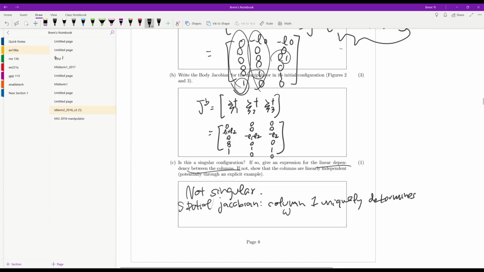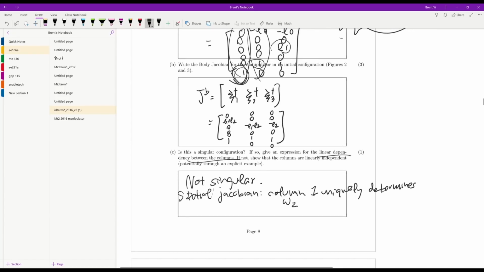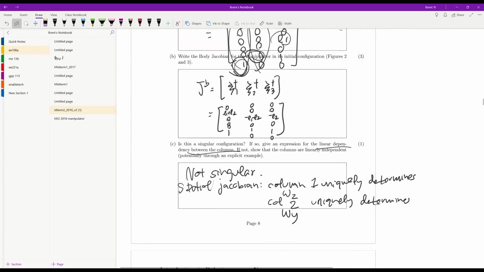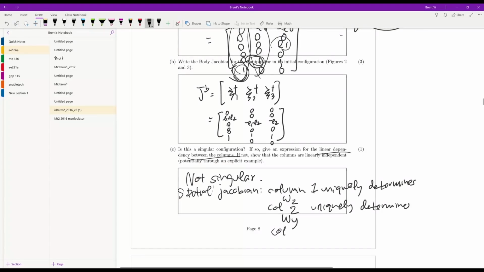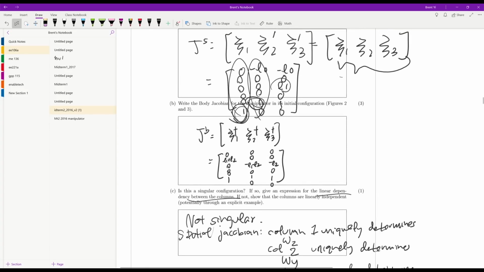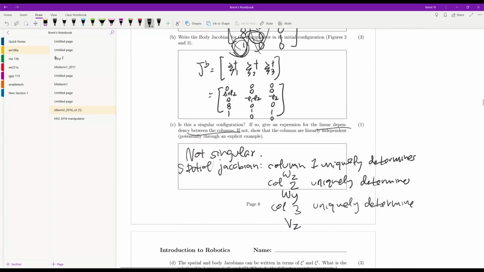It's omega z. Column 2 uniquely determines omega y, right? It's omega y. And then column 3 can uniquely determine, let's say, vz. And that should be enough for the answer.